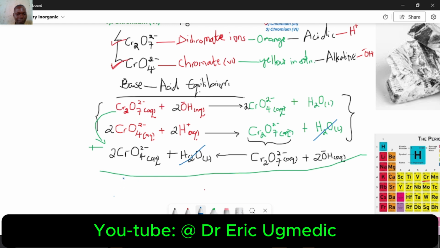So we can have 4 chromate, this is aqueous, and then we have 2 hydrogen ions. So what will be the nature of the arrow?